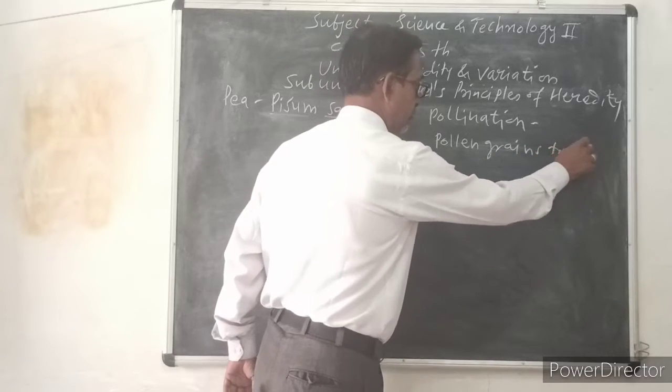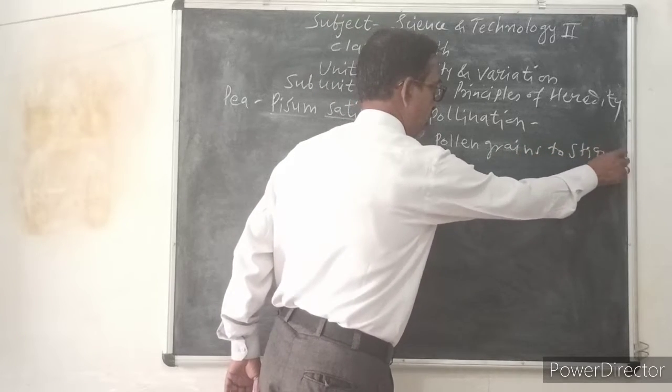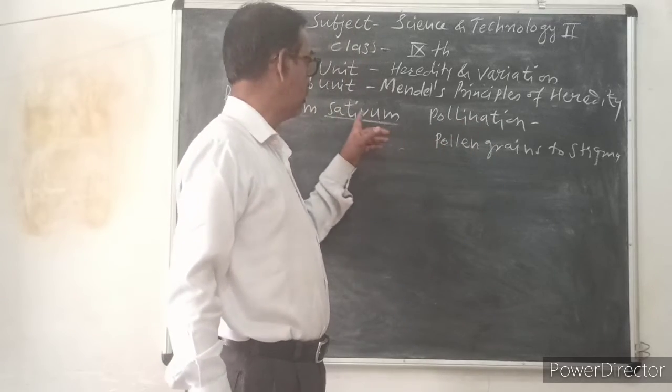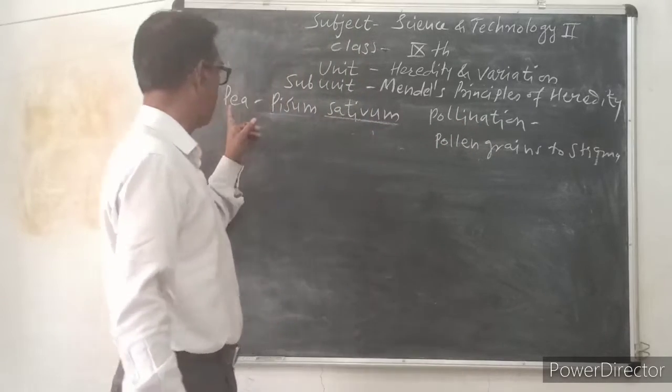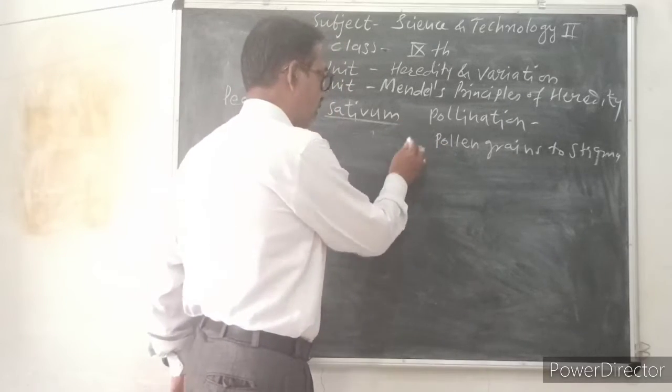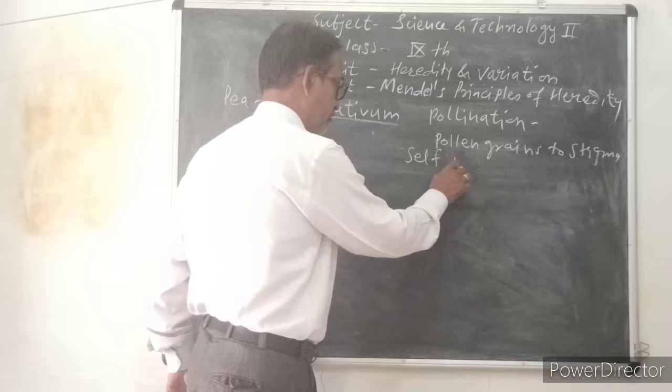This process is called pollination. And I told you that this Pisum sativum or pea plant is a self-pollinated plant. So what is self-pollination?